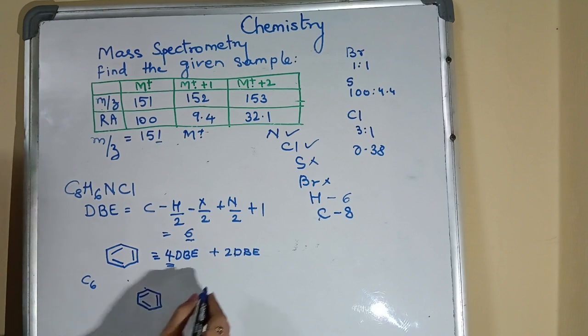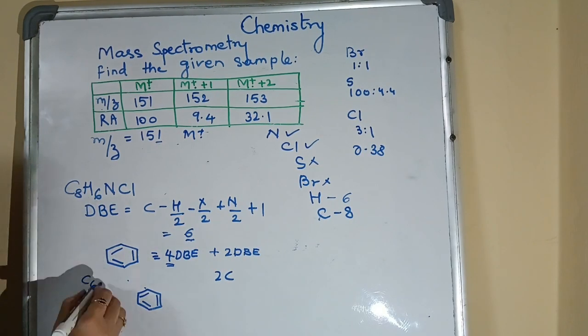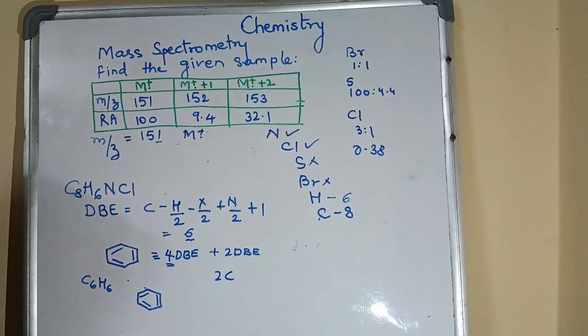Now how do we adjust those 2 carbons? In this benzene ring we have 6 hydrogens, so 6 hydrogens are also adjusted, but still our 2 DBE, N and Cl are not balanced.